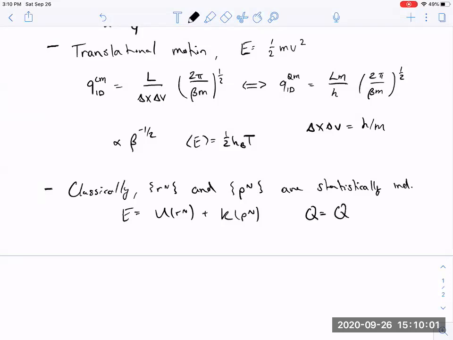So for a classical system, generically we'll have a piece due to the kinetic energy, something we can always evaluate because the kinetic energy is always a sum over single particle kinetic energies. And in general, some piece due to the potential that we called last time the configurational piece.